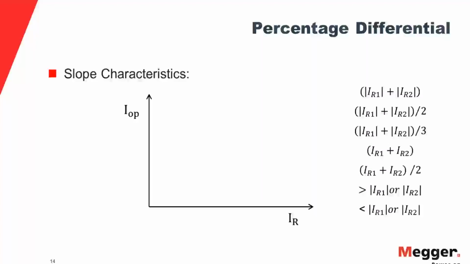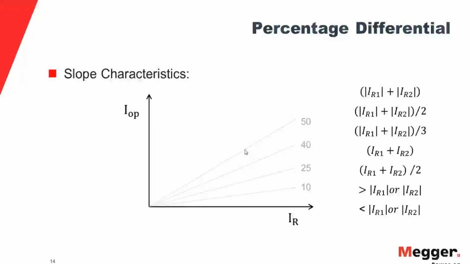Now, when we talk about percentage differential, we always talk about a graph. It is a graph between the restraint current, which is IR on the x-axis, and IOP on the y-axis. The calculation for the IR depends upon the type of manufacturer.